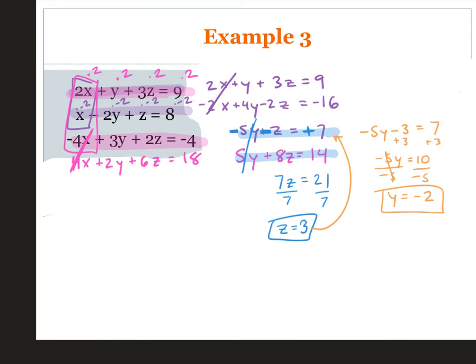Plug it in where? In the original equation? Plug it into the original. You want to plug it into the first, second, or third? Sure. Second looks a little bit easier. You can plug it into the second. So x minus 2 times -2 plus 3 is equal to 8.